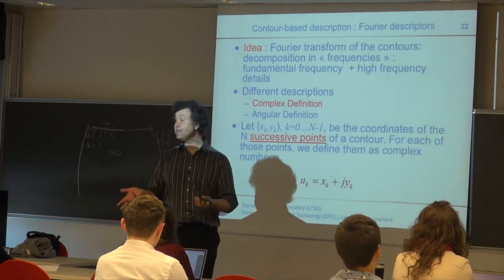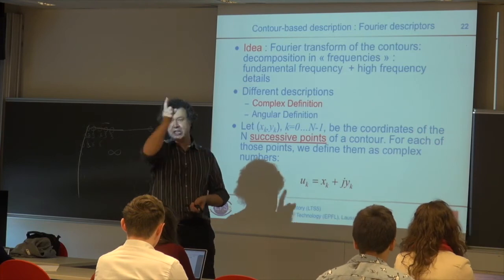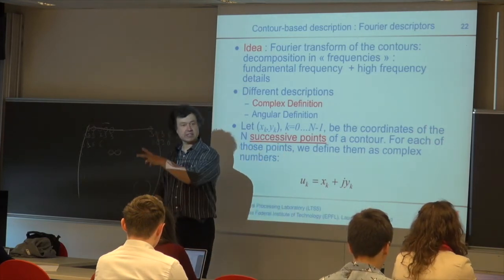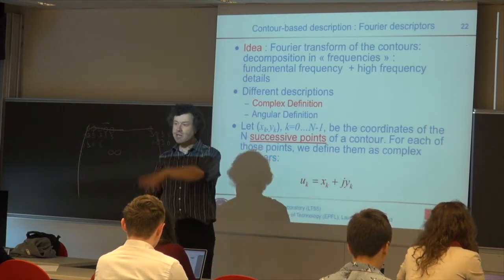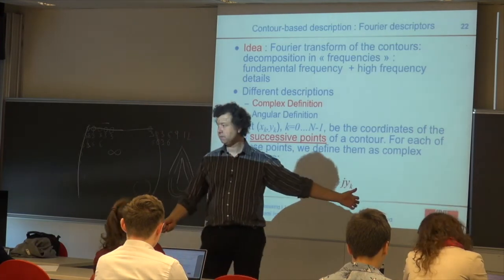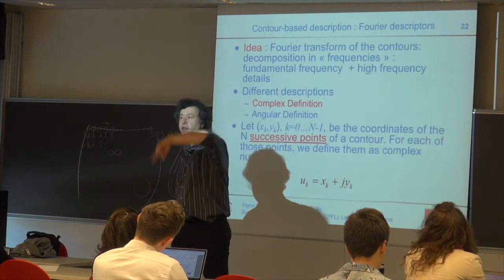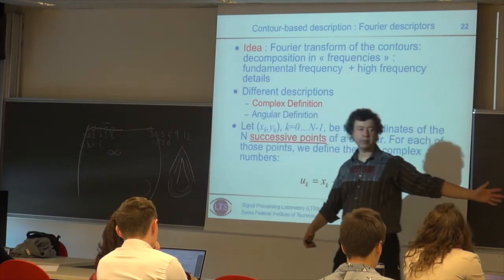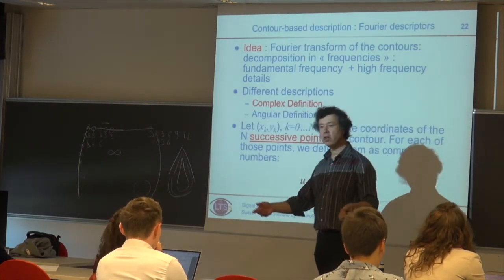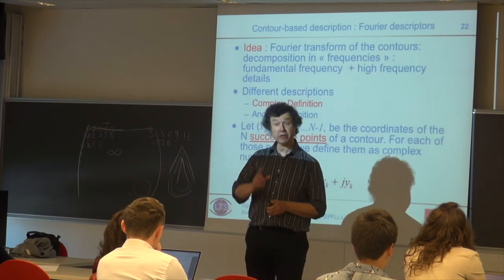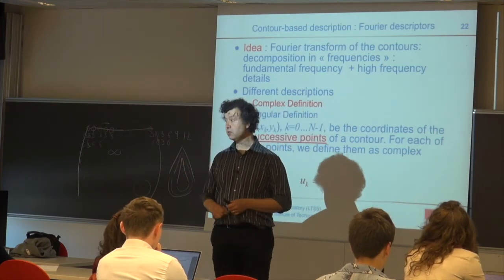It's a frequency representation. A signal can be represented by its low frequencies plus medium plus high frequencies. And this is nice because if you only care about the general shape of your signal, you look at the low frequencies. If you want to remove the high frequency noise, you cut the noise.